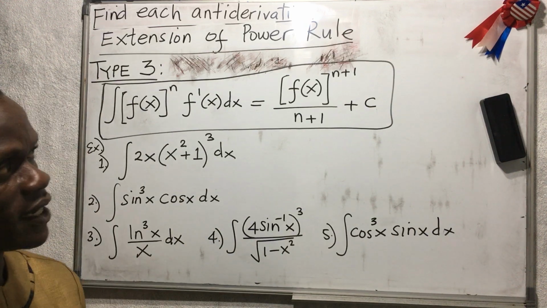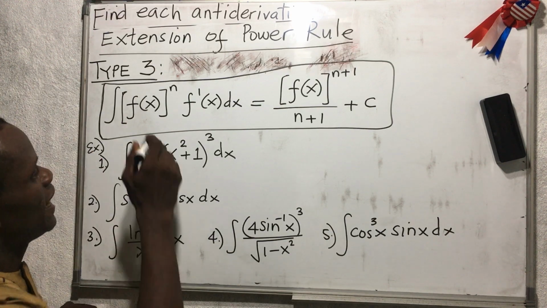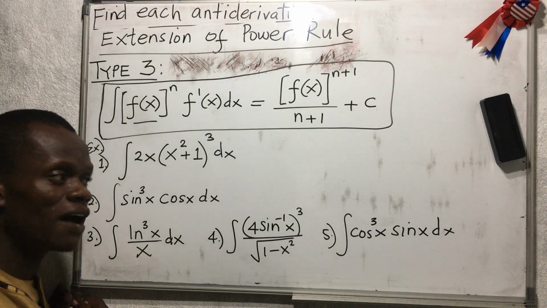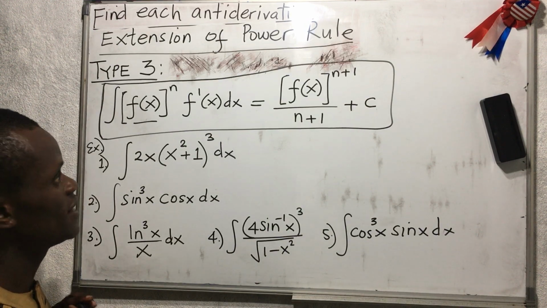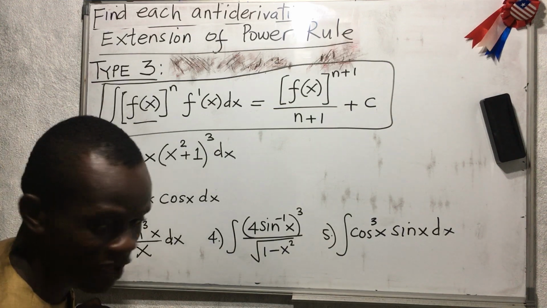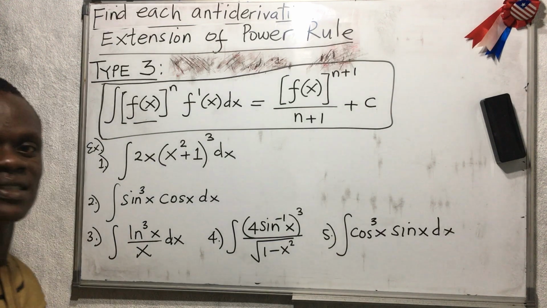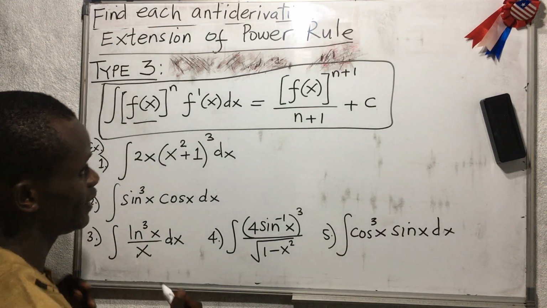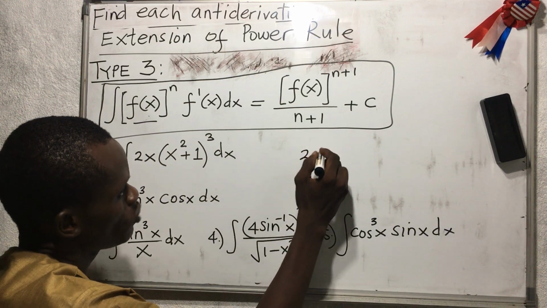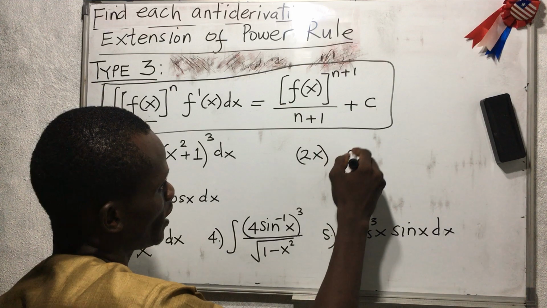Now step 3 provides that if you have an integrand of the form f of x raised to any value, and then attached to that function you have the derivative of that same function. That is, if this is a particular function, say 2x, and then attached to this 2x you get 2.